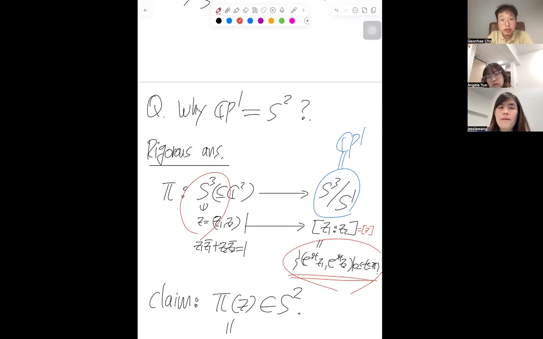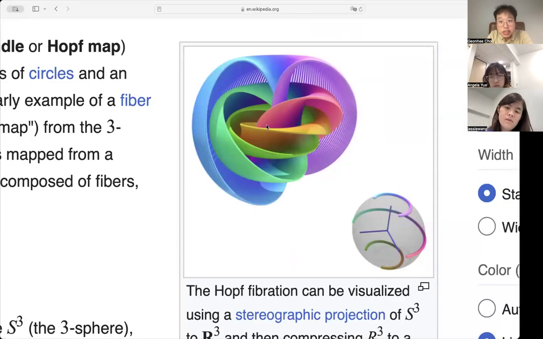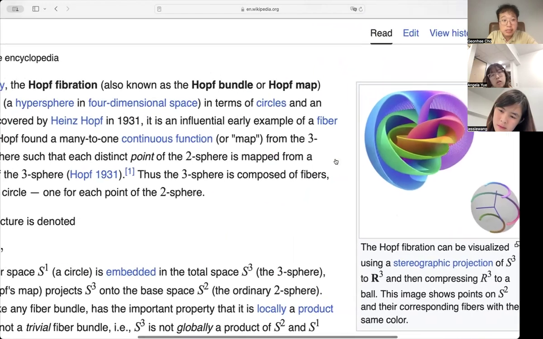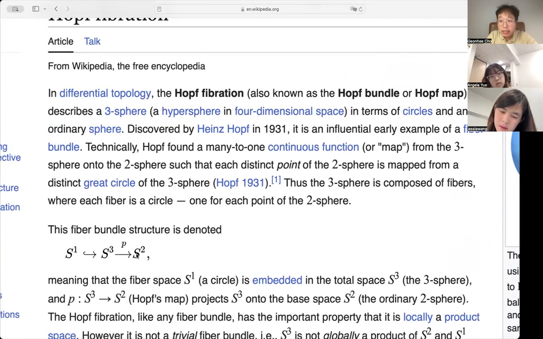You should regard each of those circles as corresponding to one bracket of z: bracket of z1, bracket of z2, bracket of z3, and so on. And this is in fact S3 quotient out by S1 in my note.